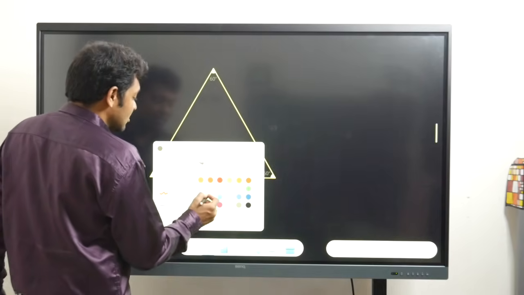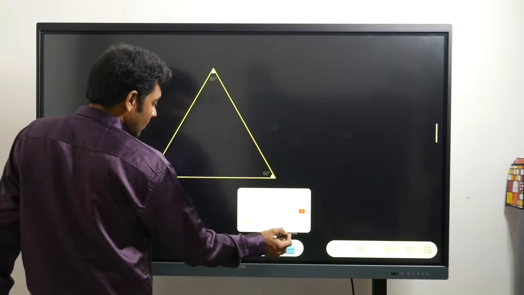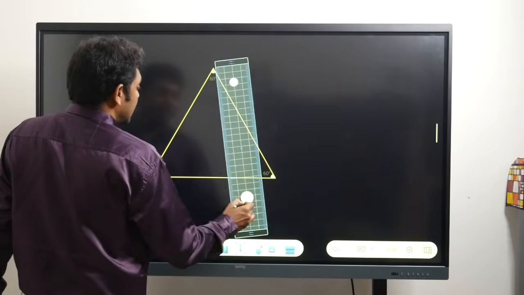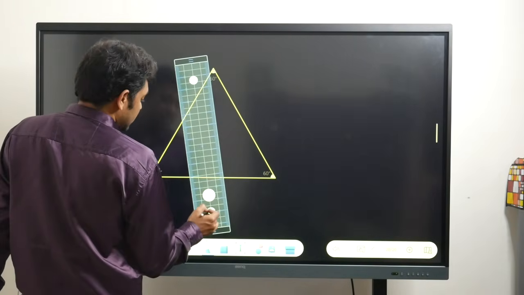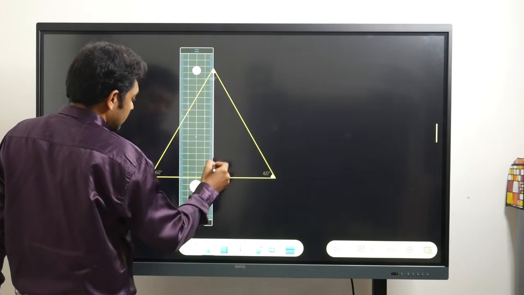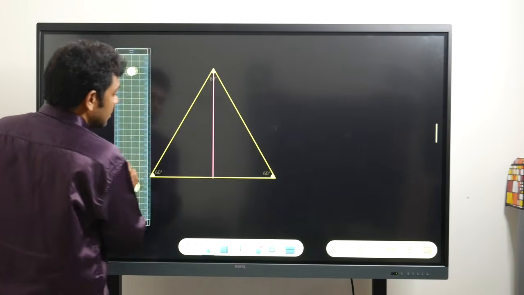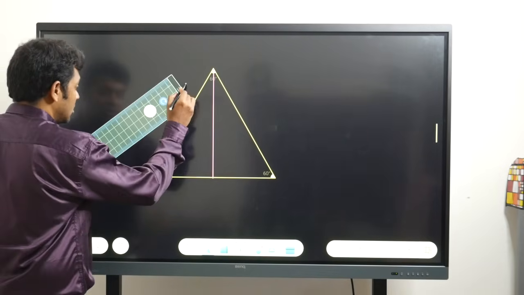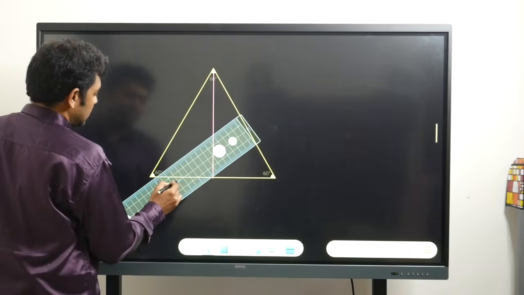Let me just construct a median here. So what's a median? You just take the midpoint. From this you just draw a line from the vertex. This is basically the median bisecting, right? Similarly, I can just draw the median to this side.